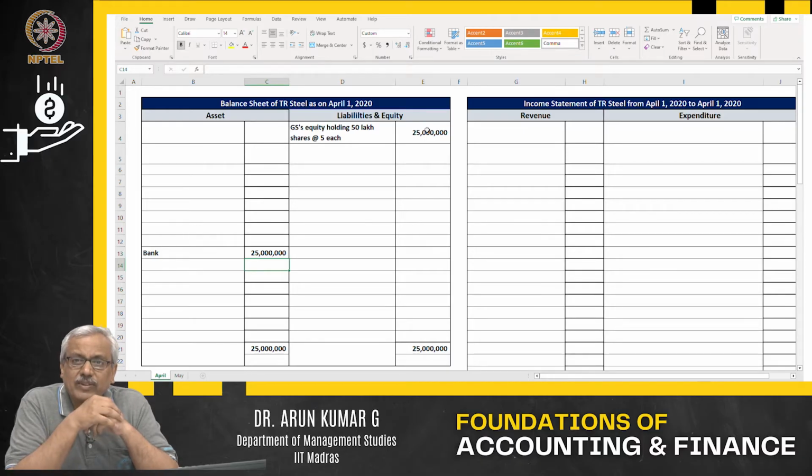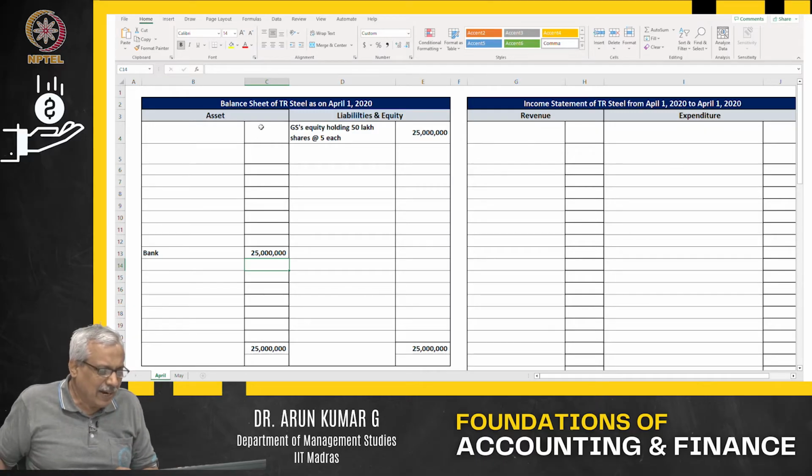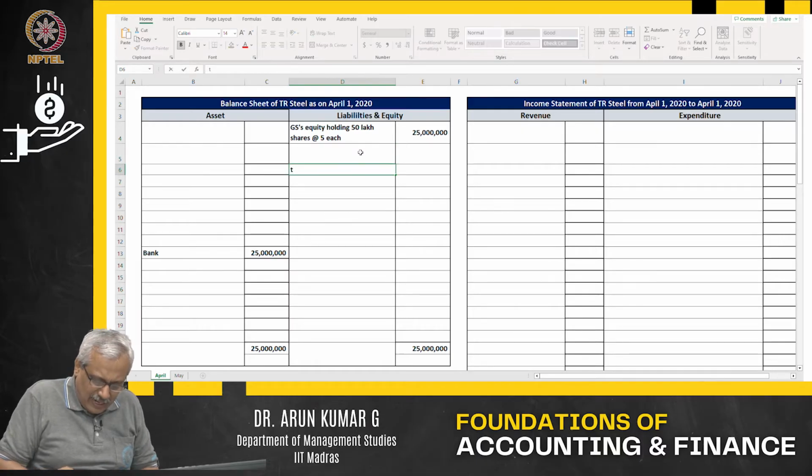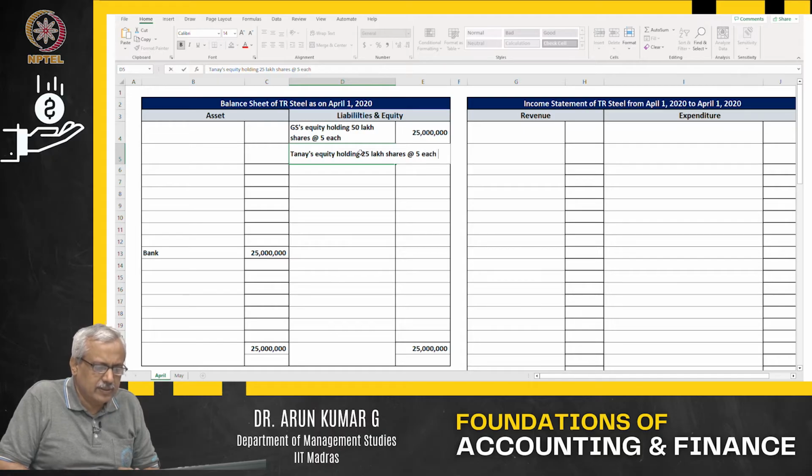Now moving further, the second generation also has some equity, Tanay and Rishi. Let us come back to it. Again equity. Tanay is equity holding. I'll just mention as T. Tanay's equity holding of 25 lakh shares at 5 rupees each.